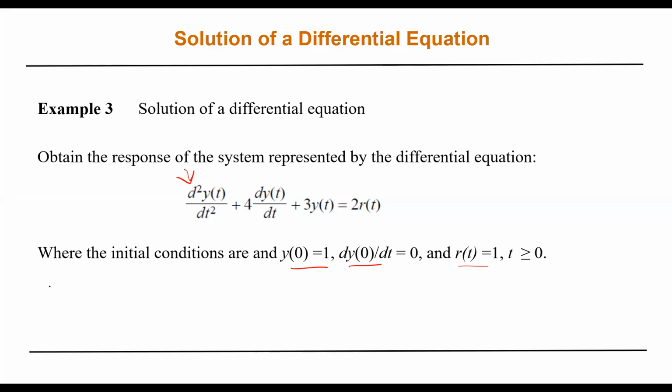S squared Y of s, since I have initial conditions, minus s y of 0 minus y prime of 0, plus 4s Y of s minus 4y of 0 plus 3Y of s equal to 2R of s.